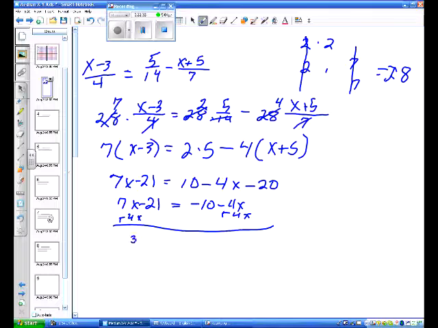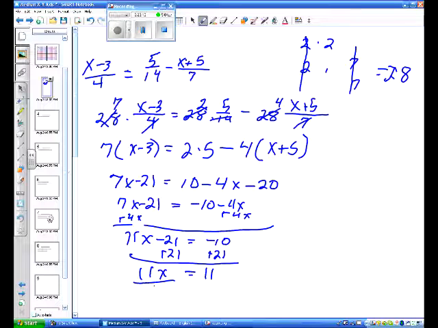That's going to give us 11x minus 21 is equal to negative 10. Then we will add 21 to both sides. And we have 11x is equal to 11. Dividing both sides by 11, we get x equals 1.